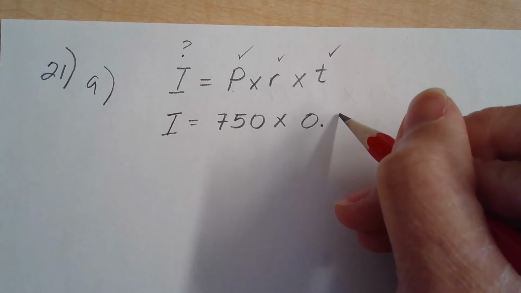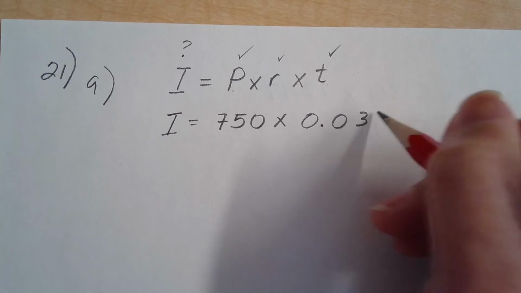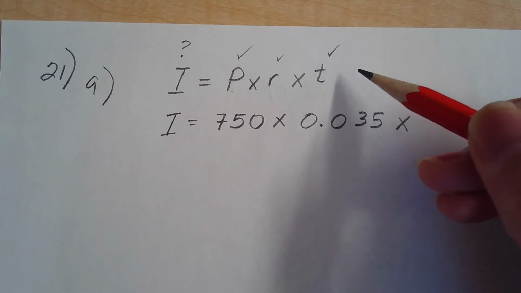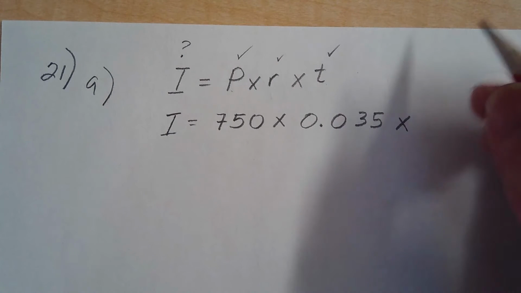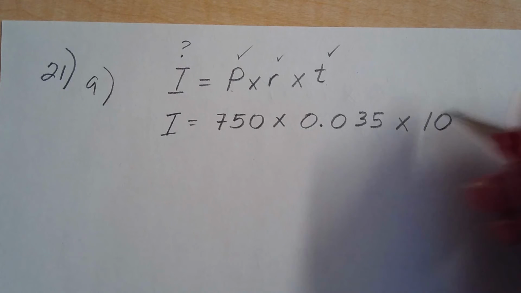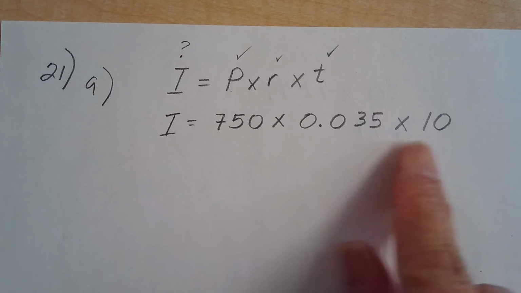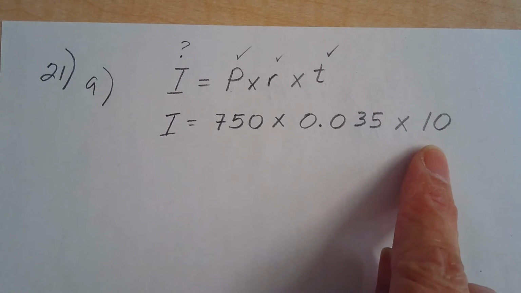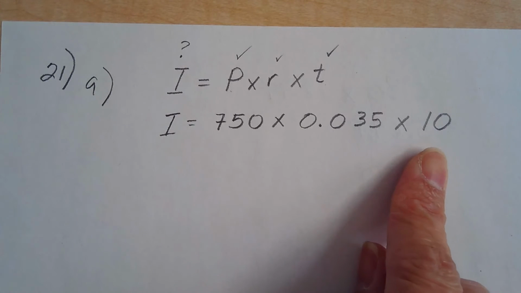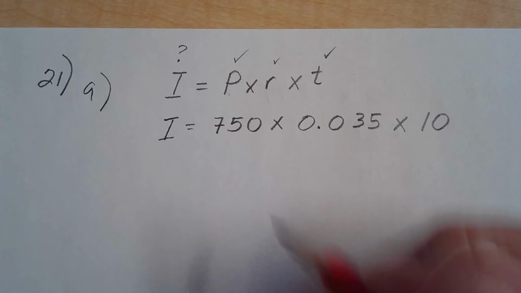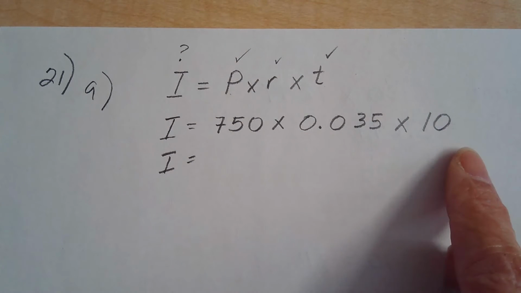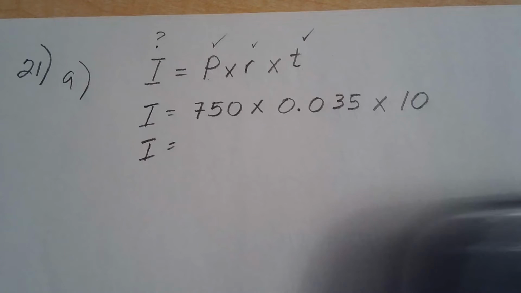So 0.035 times time. The time has to be in years. So it's 10 years. So just plugging in the right number in the right spot already calls for 1 mark. And then the other mark will be for the correct unit.